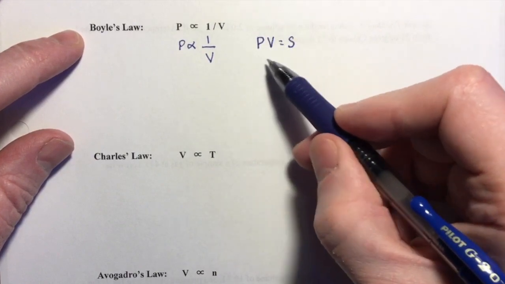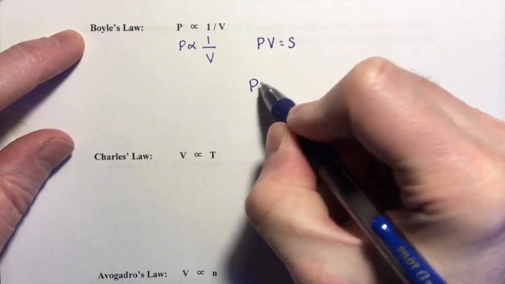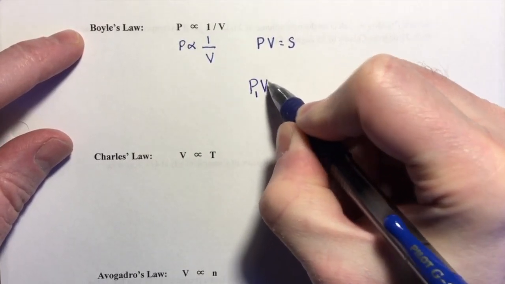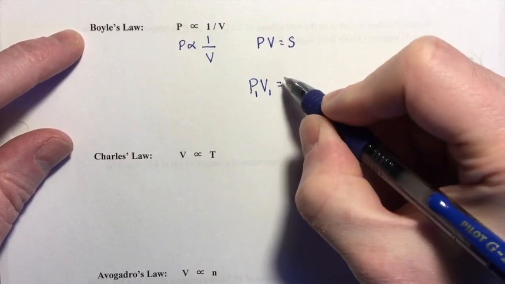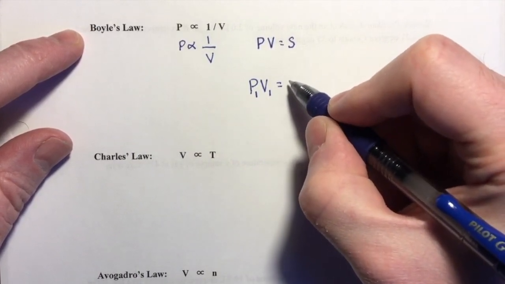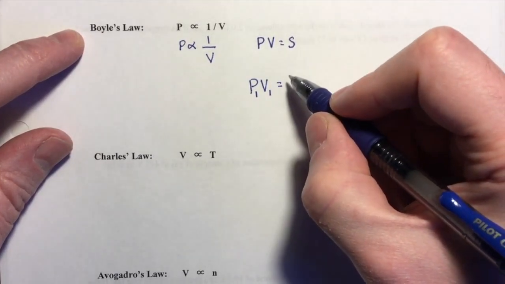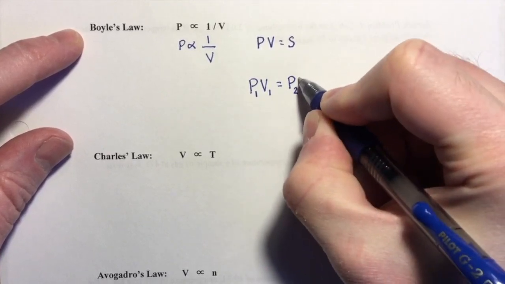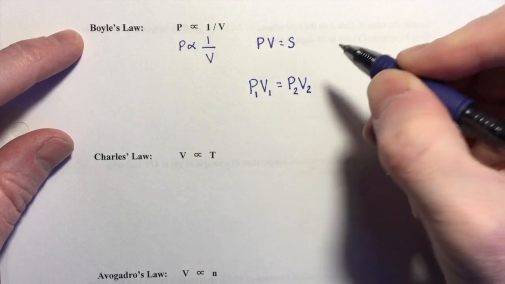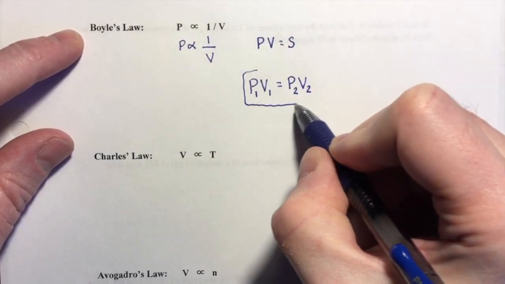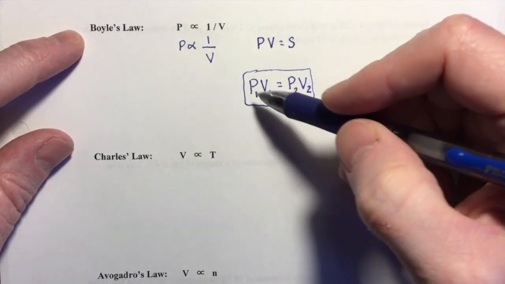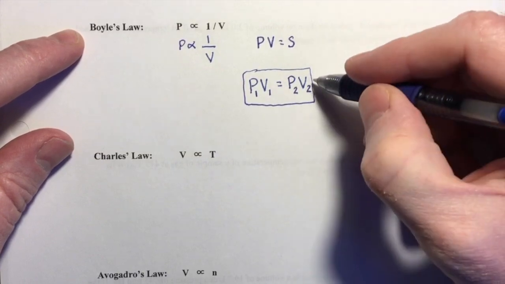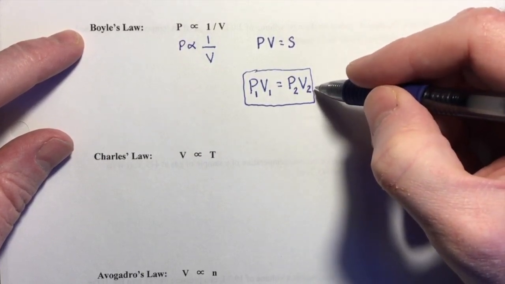Well, the way that we would see this most commonly is in a change scenario, where you have your initial pressure times your initial volume equals some constant, and that constant remains constant after the change, so then that constant also equals the final pressure of the gas times its final volume. And so there's an equation that we will see again. And when we talk about Boyle's Law, it could refer to any of these three mathematical representations, but this one here is the one we will encounter later.